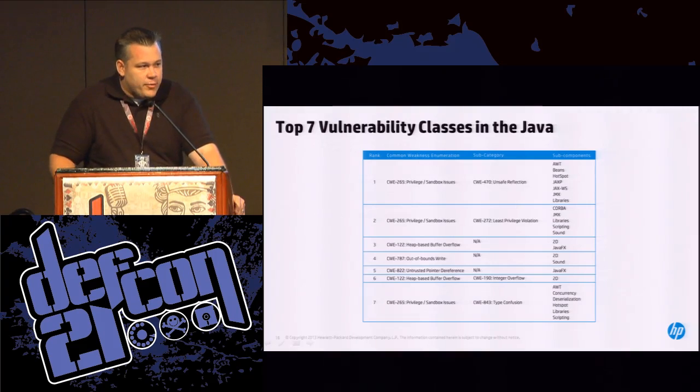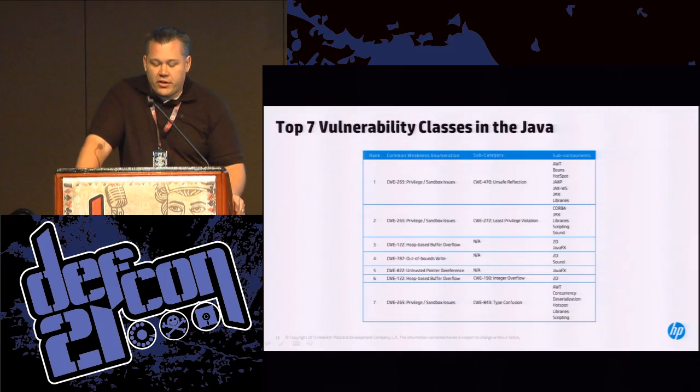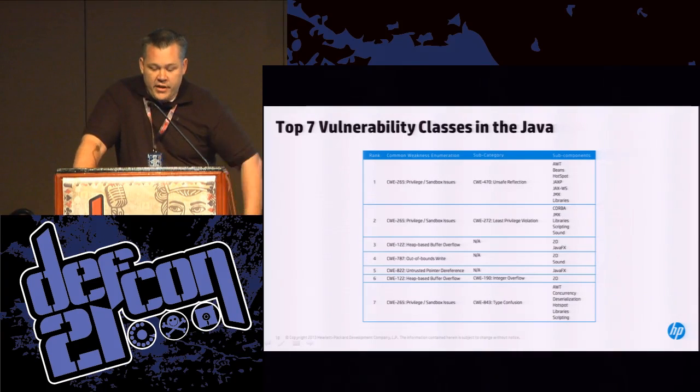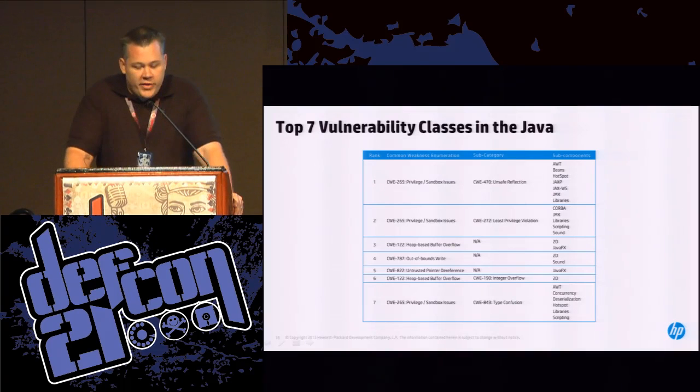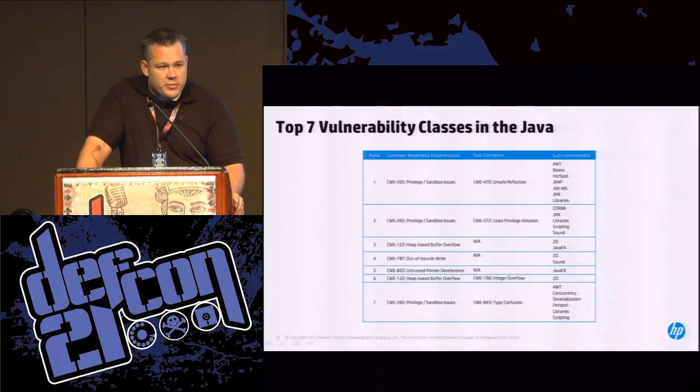So taking all this information, all the publicly available information, all the information from the ZDI, we're able to determine the top 7 vulnerability classes in Java. Number 1 being the unsafe reflection vulnerability, which is most popular in the library subcomponent. Followed by least privilege, which was also the most popular in the library subcomponent. Followed by 2 classic memory corruption issues.